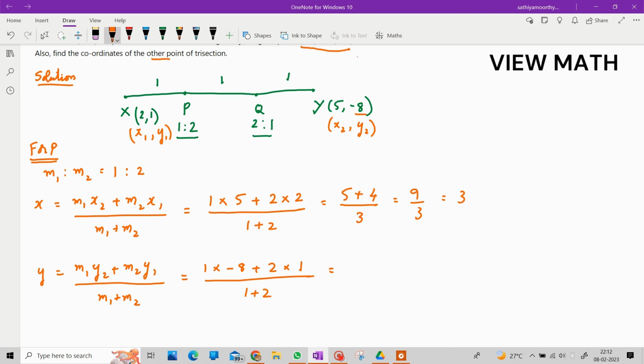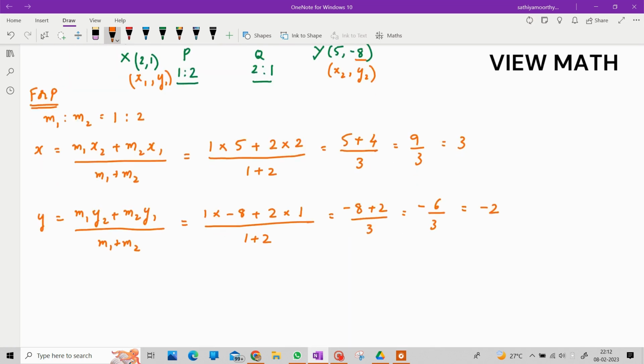So this is equal to (minus 8 plus 2) divided by 3. This is equal to minus 6 by 3. So if I cancel, I get minus 2. So now we have found out the coordinate of P. Therefore, the coordinate of P is (3, -2).